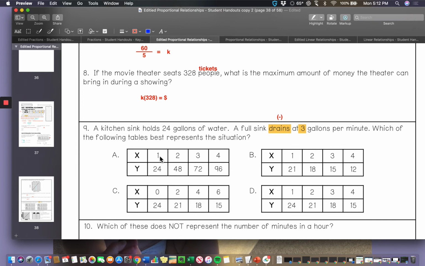Because it's drained 3 gallons by now. Comparing that number, look at A and C. 1 minute passed and there's still 24 gallons of water. So X is your minutes, right? And Y is your gallons.